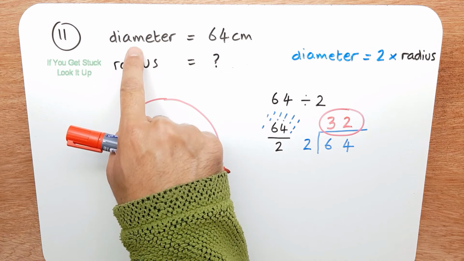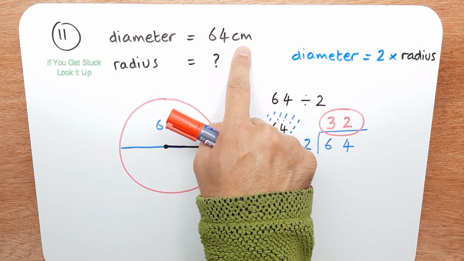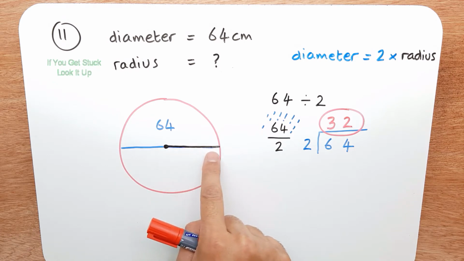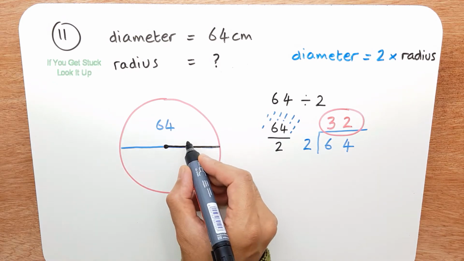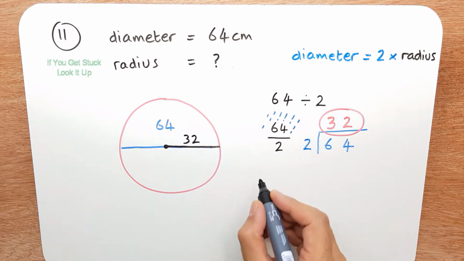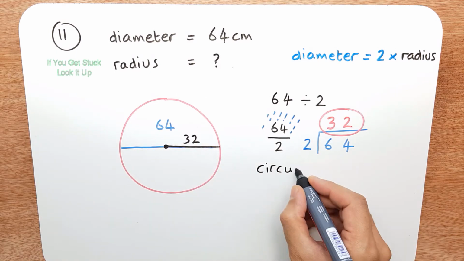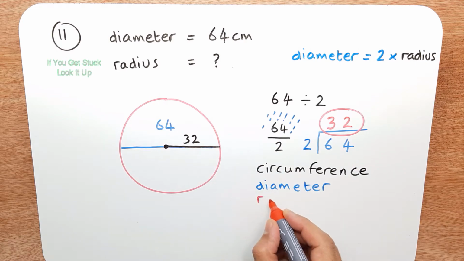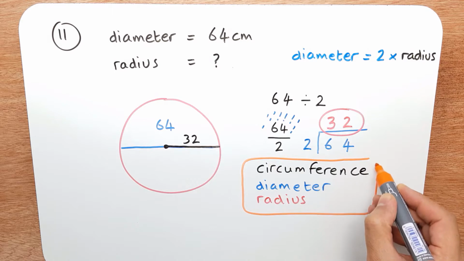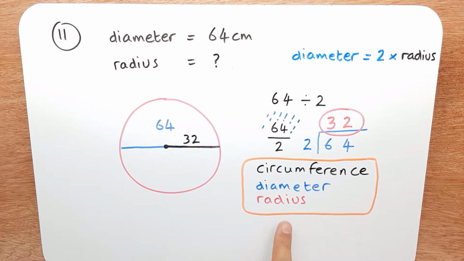So if the diameter is 64 centimeters, the radius, that's this bit, will be 32 centimeters. So what I would like you to do is learn these words: circumference, diameter, and radius.